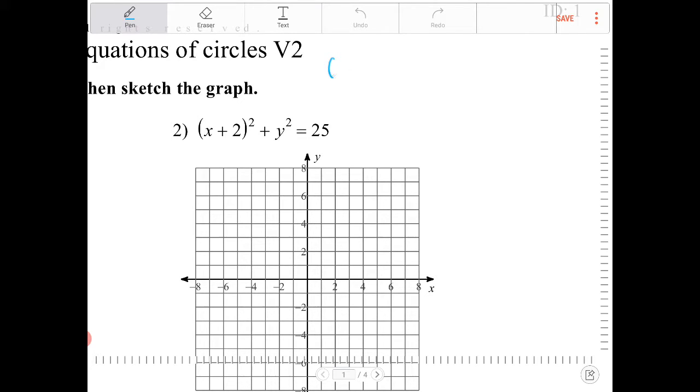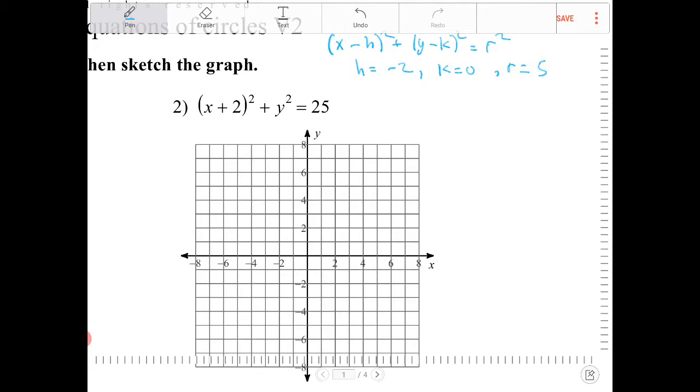So the standard form of writing the equation of a circle is this, where H and K are the center of the circle and R is the radius. So immediately from this I can tell that H is equal to -2 and K is equal to 0, and R in this case is equal to 5.